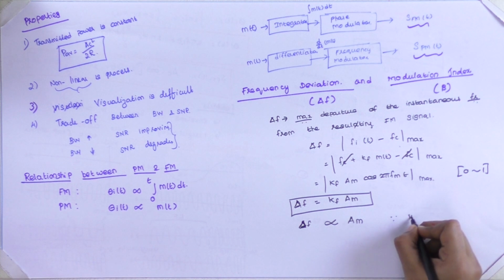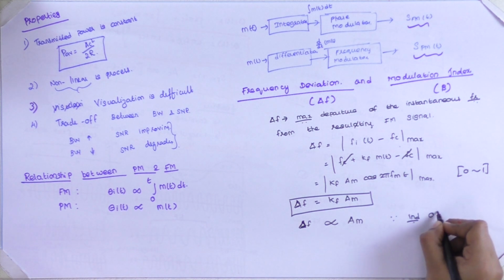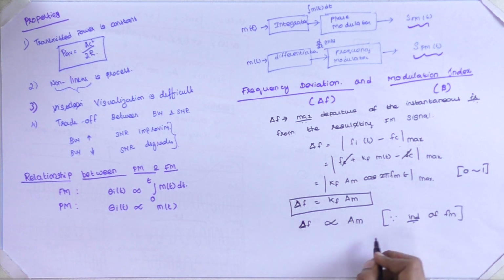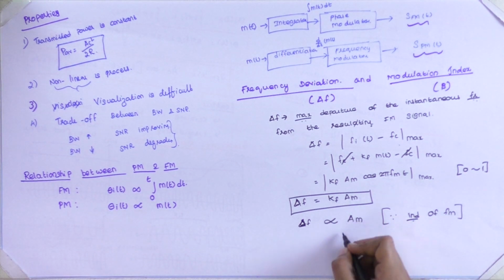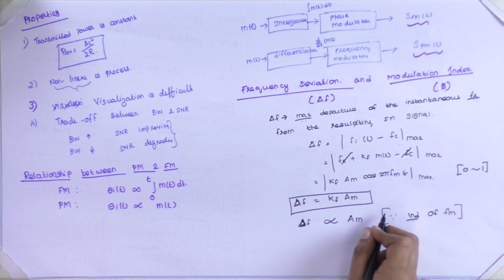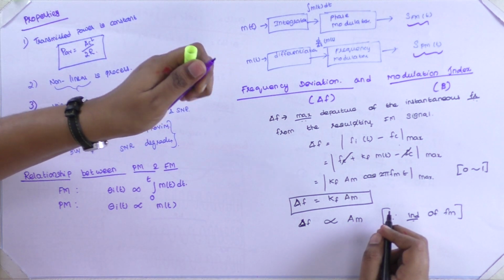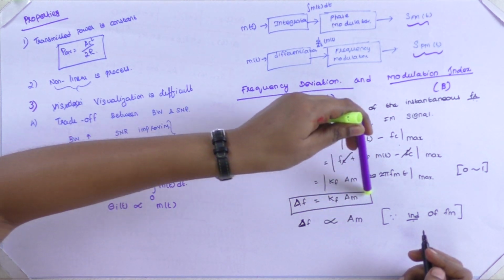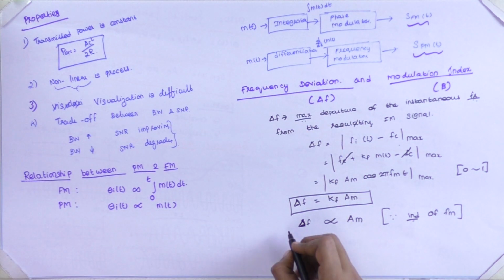It is independent of the frequency of the message signal. This is the prime motive, right? Only the amplitude of the message signal contains the information. Therefore, we are varying the frequency of the carrier signal in accordance with the amplitude of the message signal.